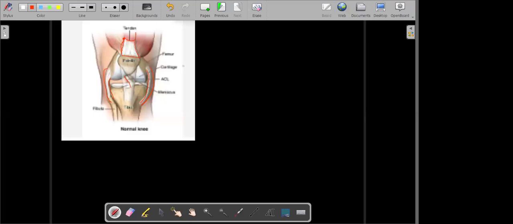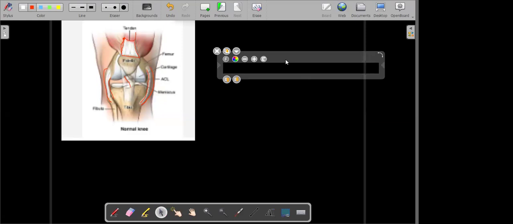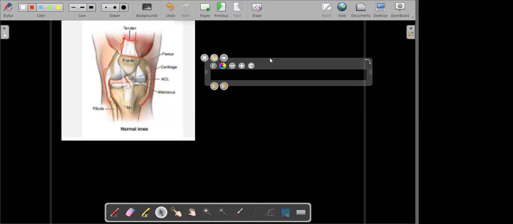Okay. So the tendons, we can write here now that very important questions are asked from this part, as a difference between ligament and tendon. So what is a ligament?